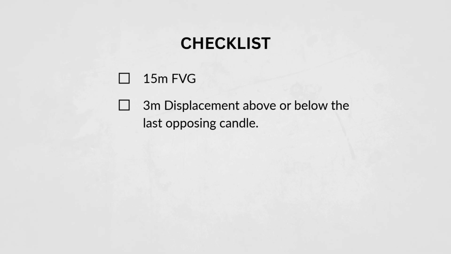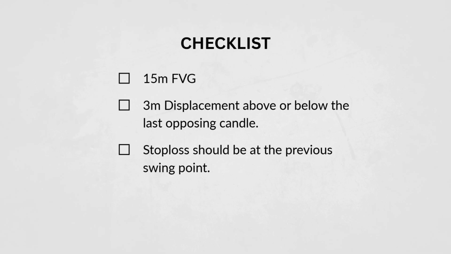Very important. And if you're bearish, you need price to displace below the last bullish candle and leave behind a fair value gap. And then your stop loss should be at the previous swing point, just like I explained in the previous slide. So your stop loss should be at the swing points that created that fair value gap. And then your take profits would be set at a 1:2 risk to reward ratio.